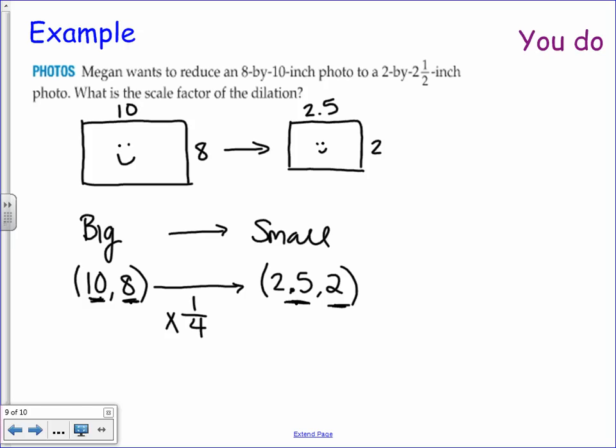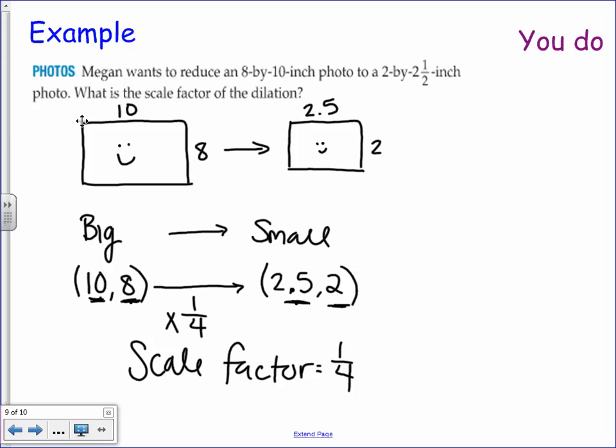If you think about it, dividing by 4 in order to get 2 is the same thing as multiplying by 1/4. That's the same thing. Okay. All right. So my scale factor is 1/4.